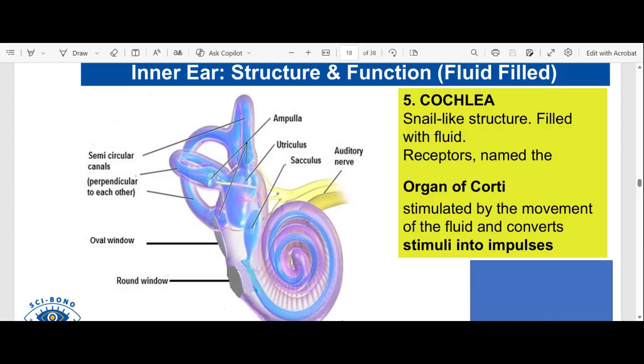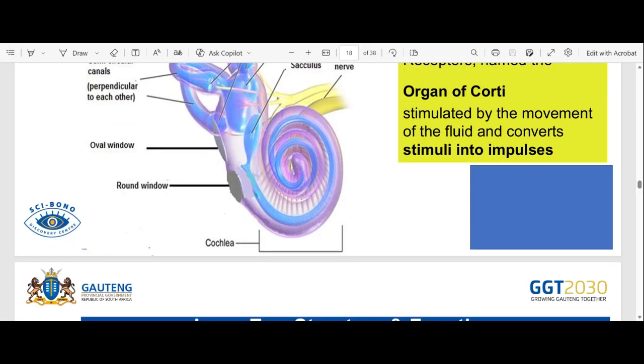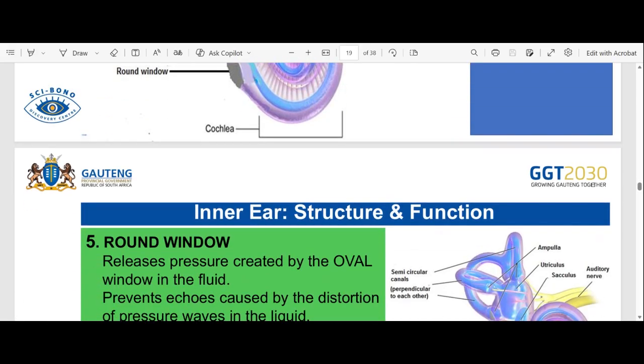So our organ of Corti is stimulated by the movement of the fluid and converts the stimuli into an impulse. Okay, let's continue.